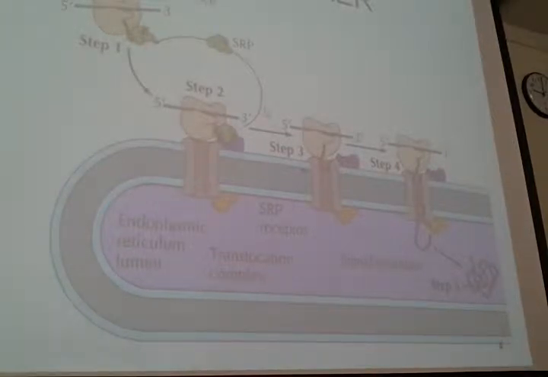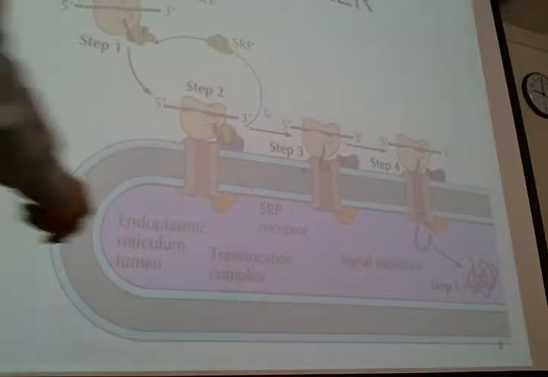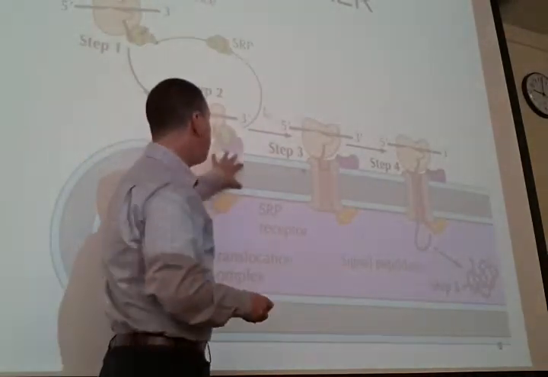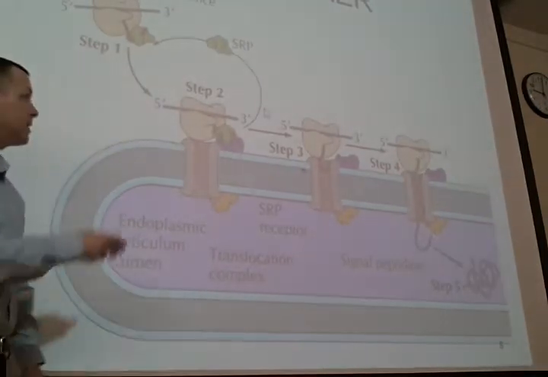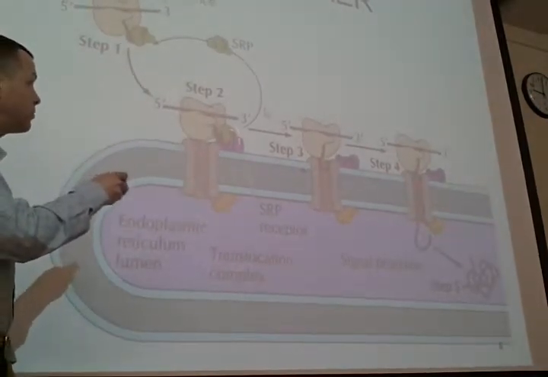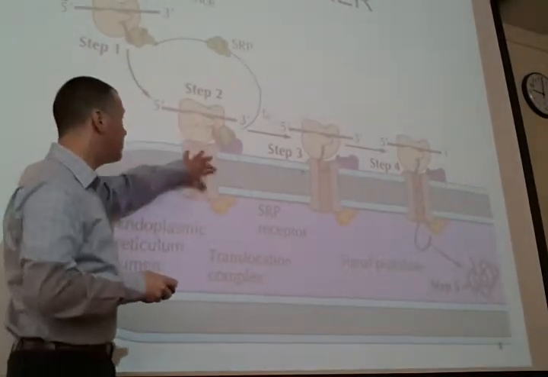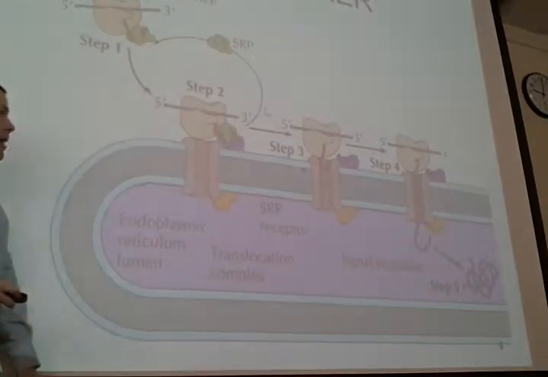And we saw that this little particle here, the signal recognition particle, proteins and RNA molecules, have the job to recognize that signal sequence, bind to it, that stops translation, and eventually that whole thing will bump into the rough ER where there is a receptor for that signal recognition particle, and those two dock together, and that puts the ribosome on top of this translocation complex.